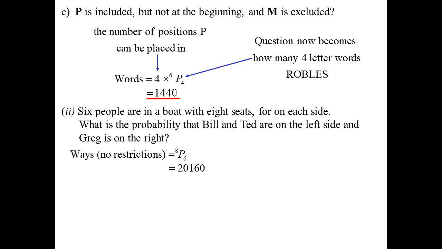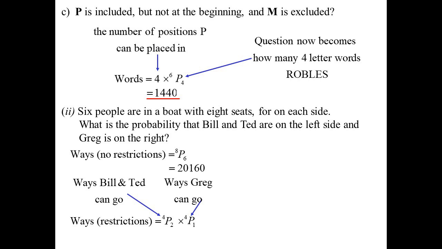Okay, but we have our restrictions. The first one, Bill and Ted have said, we're going on the left side. There's only 4 seats on the left side. They're going to use up 2 of them. So that's 4P2. Greg comes along. I don't want to sit on their side. He's got 4 to choose from, but only going to use 1 of them. So 4P1. Then the rest of these 6 people, we've got 3 people left, go, we don't care where we sit. There are 5 seats left now, because we've used up 3 of them, and we're going to use 3 of those seats.